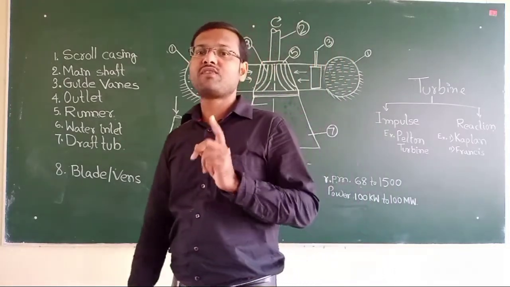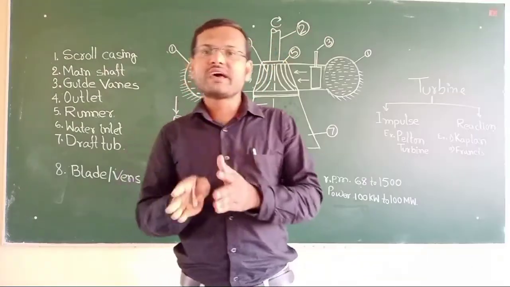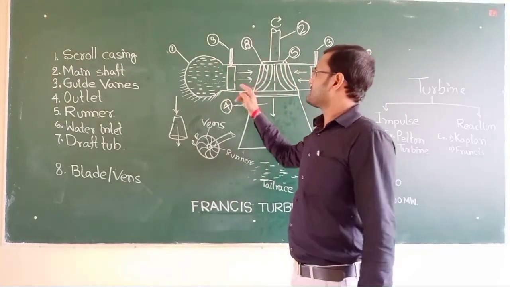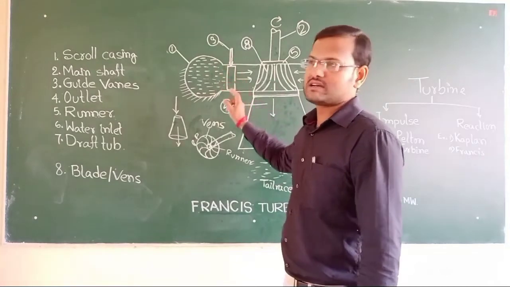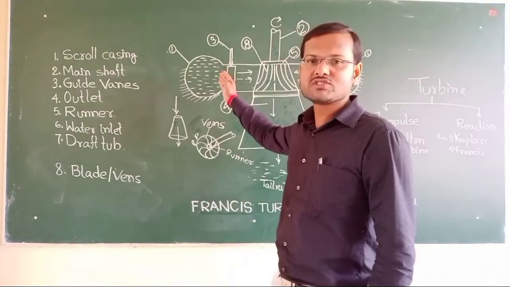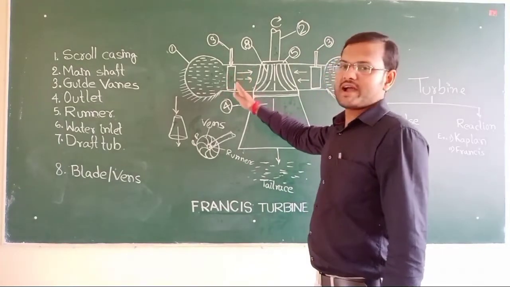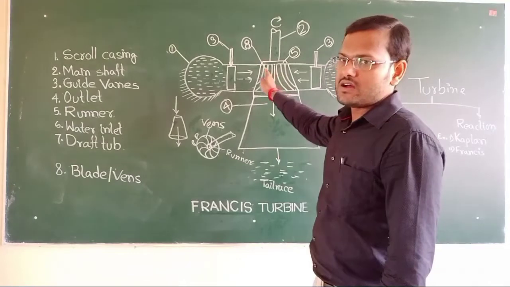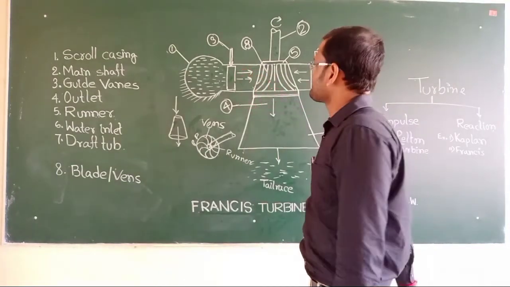Guide vanes are the part which is situated inside the scroll casing and which control the flow of water. Then the next part is water inlet. After passing the guide vanes, water enters the runner through the inlet.